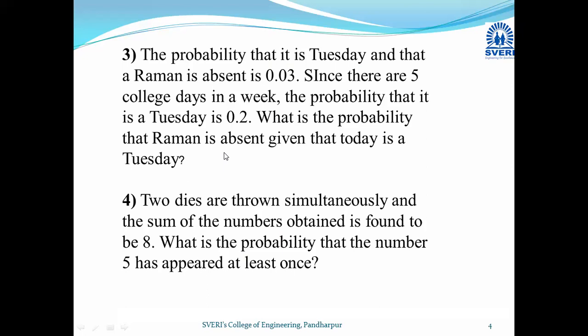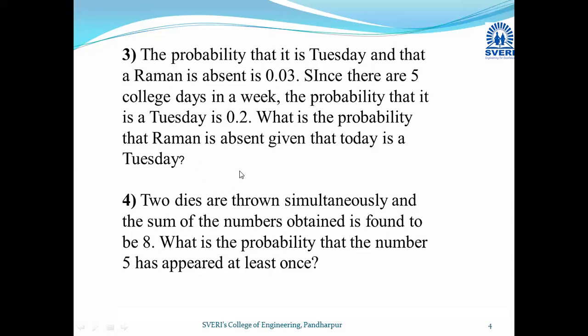What is the probability that Raman is absent given that today is a Tuesday? Now, in this example, the probability that it is Tuesday and that Raman is absent is 0.03, and 0.2 is given out of the 5 days.